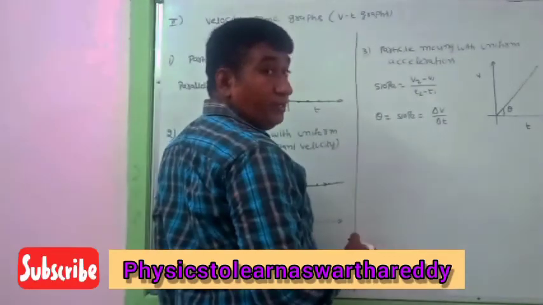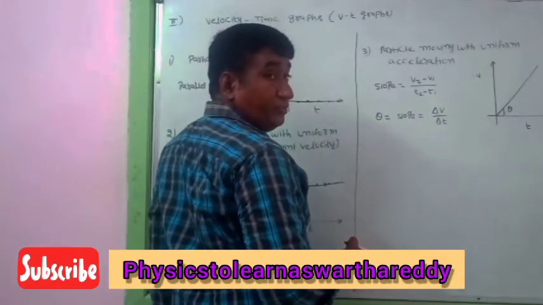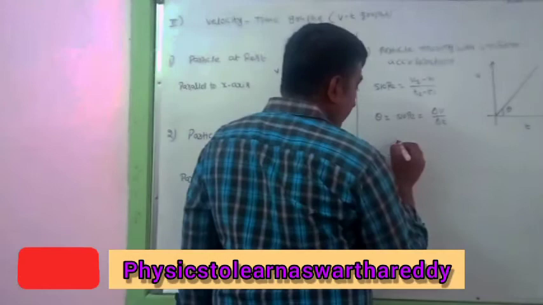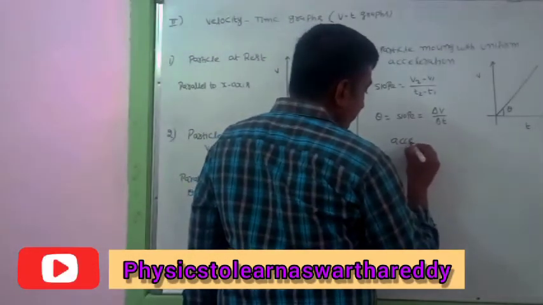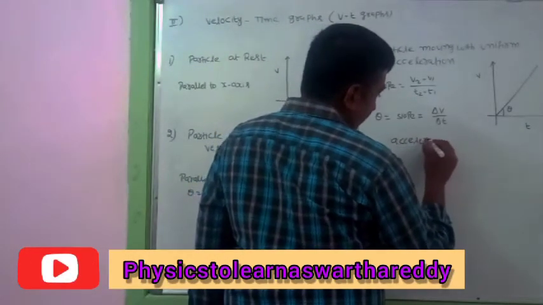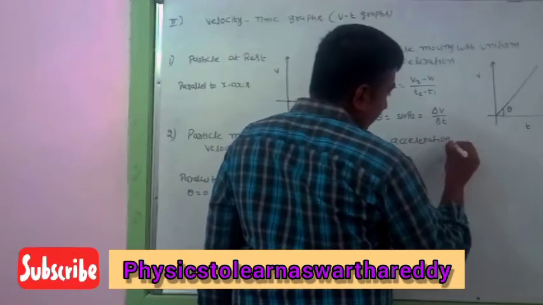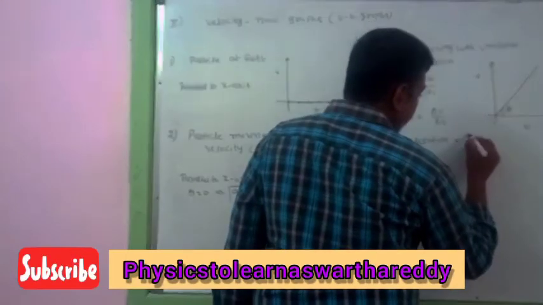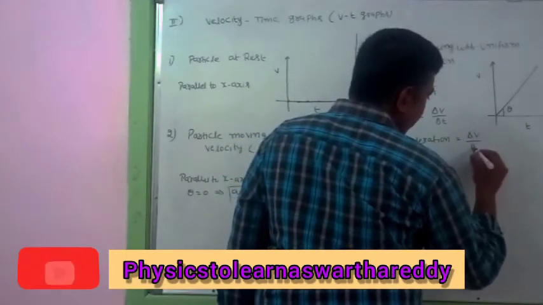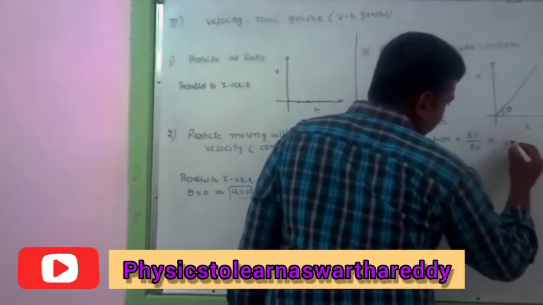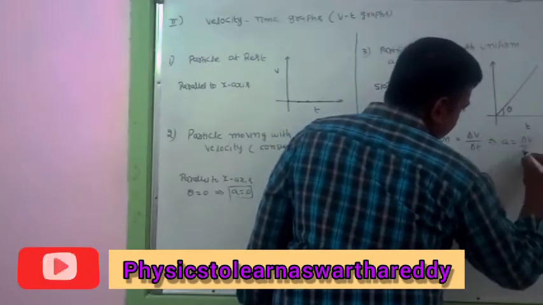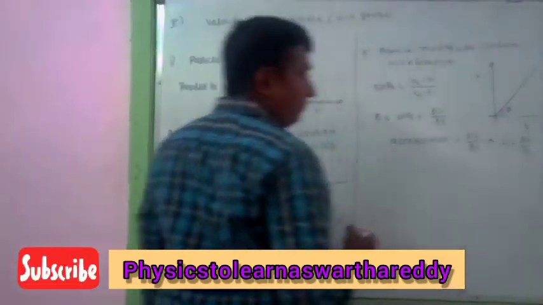What is delta v by delta t? The rate of change of velocity is called acceleration. In short form, a is equal to delta v by delta t.